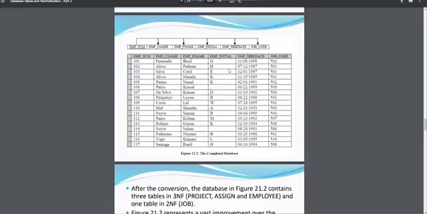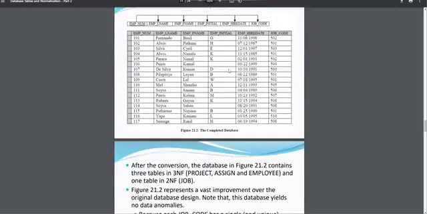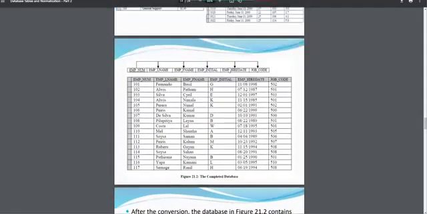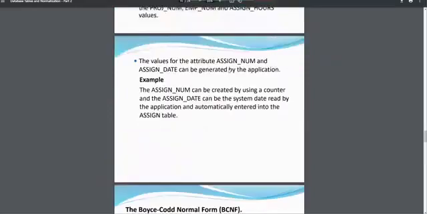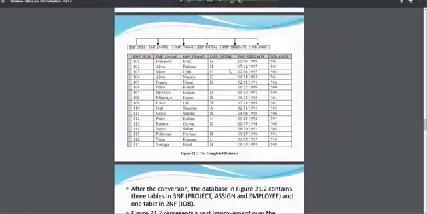For the other things, we can consider this is in the normal form, right? Here there are no transitive dependencies.